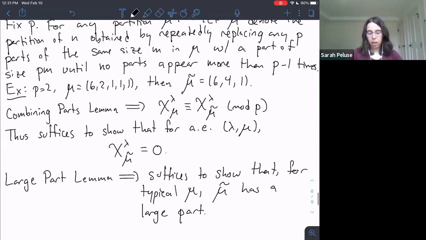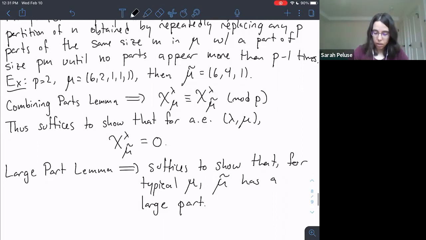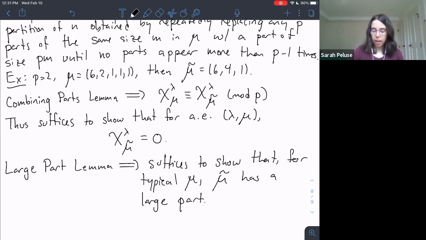Because then for most lambda, the character value chi lambda mu tilde will be 0. So then the character value chi lambda mu will be 0 mod p. And showing that for almost every mu, mu tilde has a part significantly larger than the expected largest part size for a random partition, showing this is the heart of the argument.